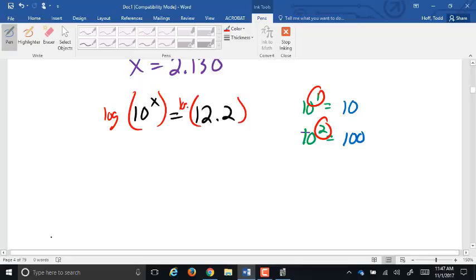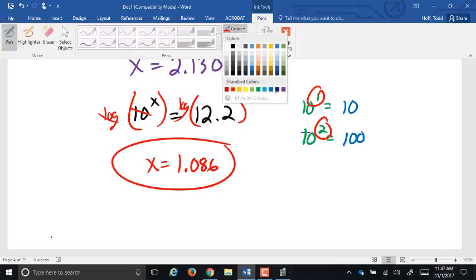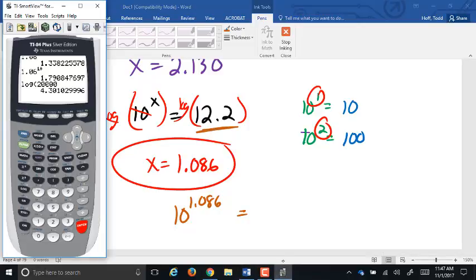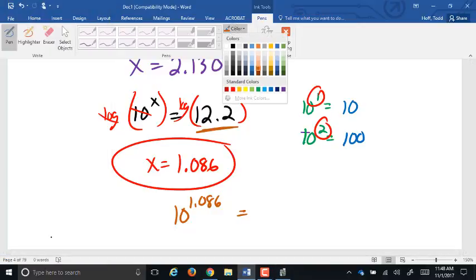So if we do the log, what do we get? 1.086 sounds correct. Now we can double check these. If we put 10 to the power of 1.086 and see what we get, it may not be exactly 12.2 because these are rounded off. But 10 to the power of 1.086 is 12.1898. That's close enough to 12.2. That's just round off error is all that is.